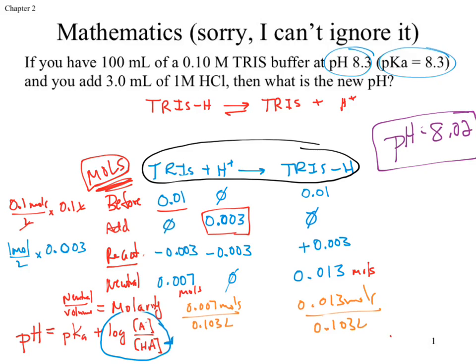Okay, so we should end up with a pH higher than 8.3. What equation should we use to go through and figure out what all our numbers are? The base is going to react with tris-H, the one with that acidic hydrogen. Okay? Kind of vaguely makes sense.